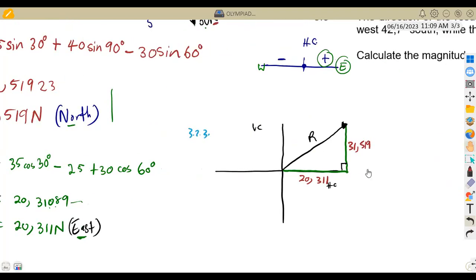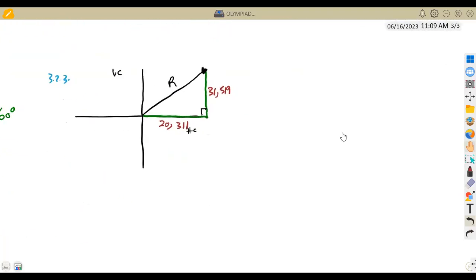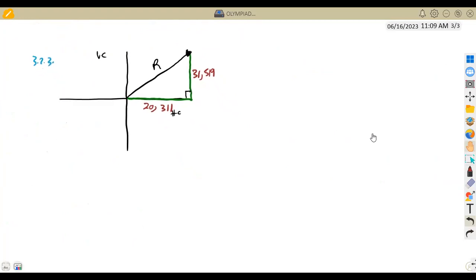So this is the diagram that we are going to consider to calculate the resultant. On our resultant, we can see that it goes together with this angle as the direction for the resultant. So this will be our theta, which is our direction.